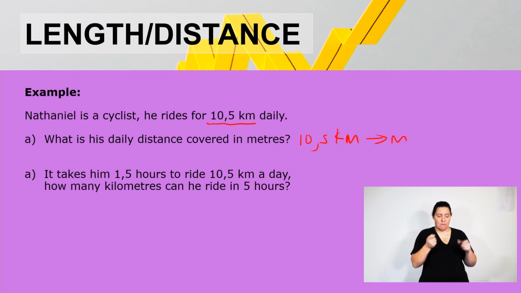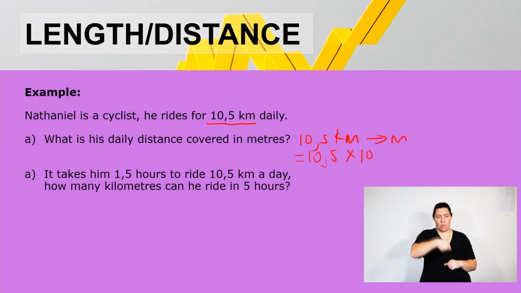The rule says when you move from bigger units to smaller units, you will multiply. So we then going to say 10.5 multiply by what? It will be a factor of 1,000, remember? So we're going to say 10.5 multiplied by 1,000.